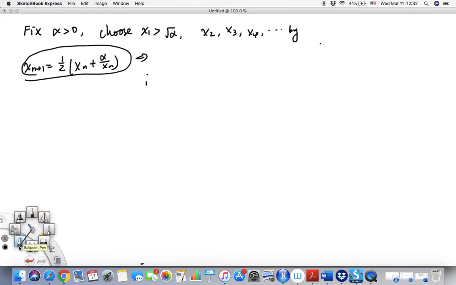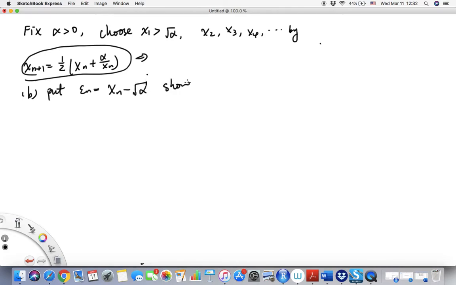Okay, so part B. Put epsilon n to be xn minus square root of alpha, and show that epsilon n plus 1 equals epsilon n squared over 2xn, which is less than epsilon n squared over 2 square root of alpha.